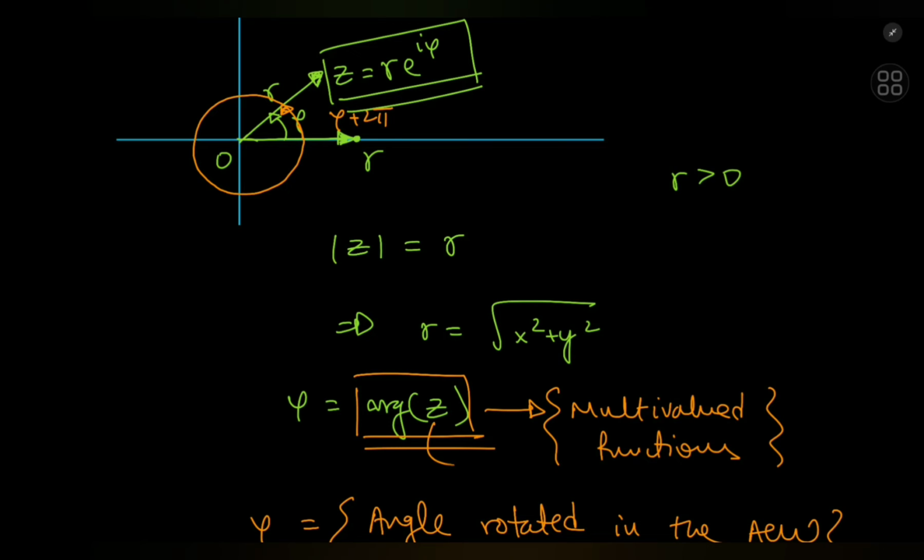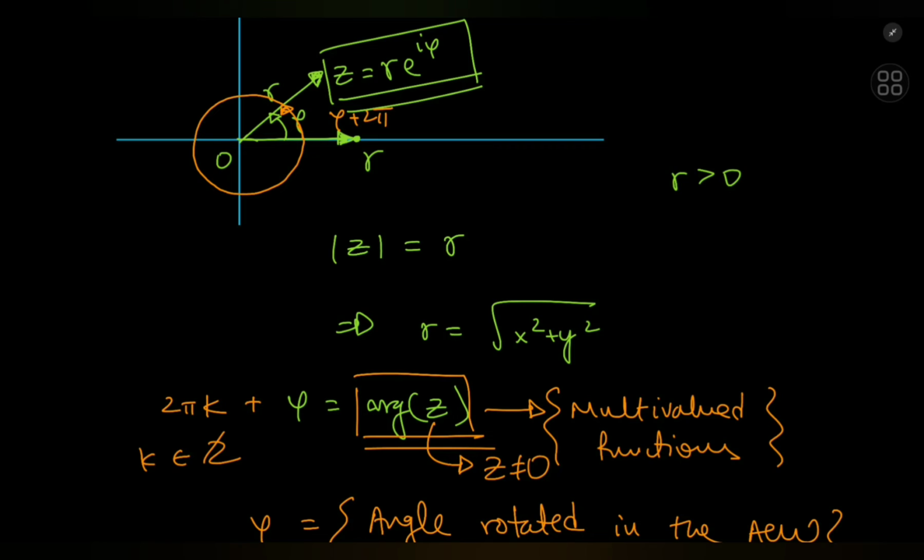And that means for any non-zero complex input z, I have infinitely many outputs in the form of phi plus 2 pi k, where k is some integer. Okay, cool. So for each non-zero complex input, you have infinitely many outputs. Hence, the argument function arg z is multi-valued.